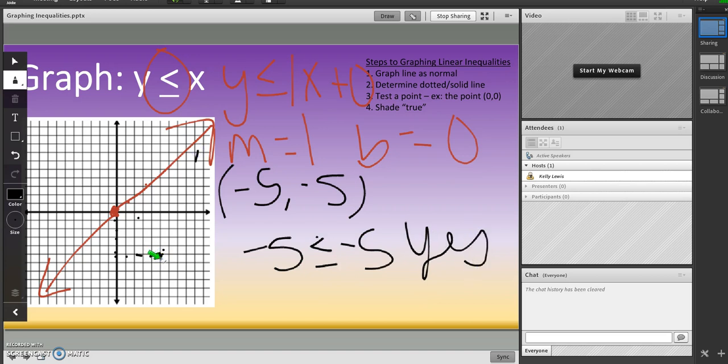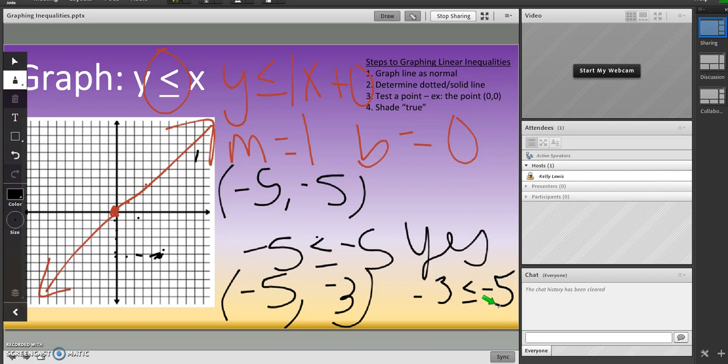So that's a yes. Let's test, I don't know, -5, -3. So is -3 less than or equal to -5?